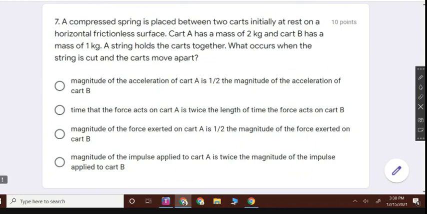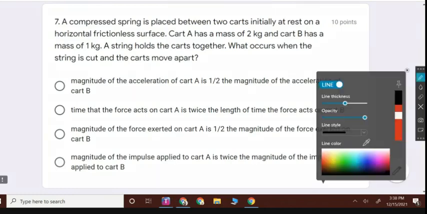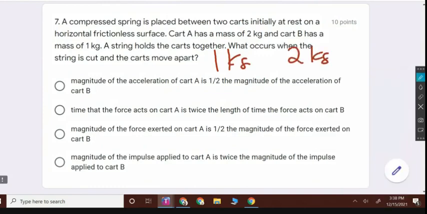Let me just lay it out here. We've got a 1 kilogram and a 2 kilogram. This is not even the new stuff, this is the old stuff. So I'm going to give you the answer. They'll exert the same force on each other, but the time is not different and the force is not different.